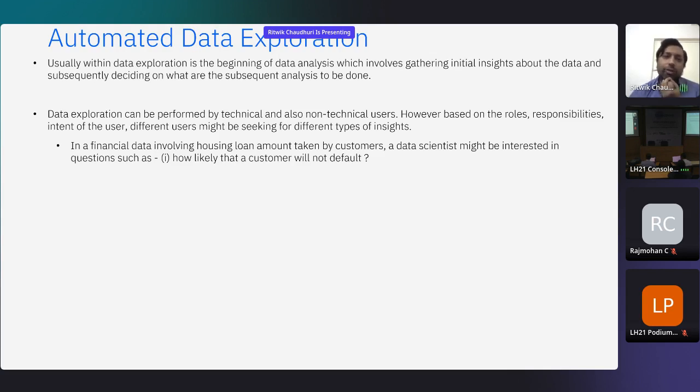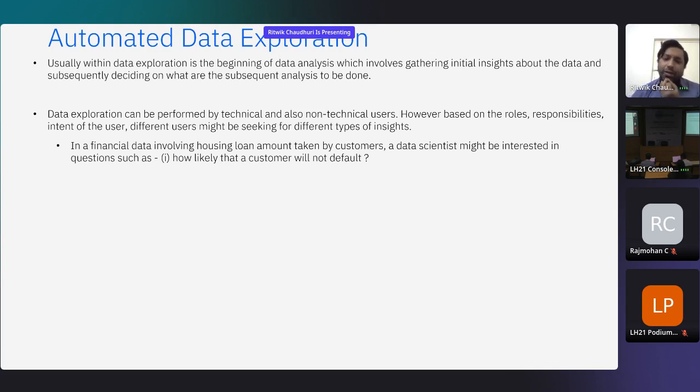Data exploration can be performed by technical and also non-technical users. However, based on roles, responsibilities, and intent, different users might seek different types of insights. For example, in financial data involving housing loan amounts taken by customers, a data scientist might be interested in how likely a customer is to not default at the end.